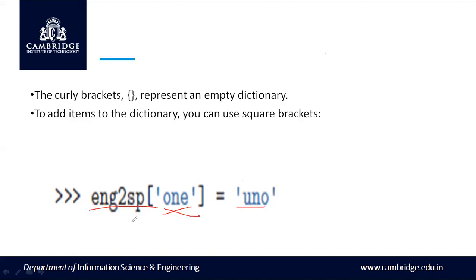This is the English and this is the Spanish meaning of this English word. So 1 in Spanish is uno. This forms a key value pair. When we print this dictionary, English to Spanish, you can see a key value pair, that is 1 uno, separated by a colon. That is how the items in the dictionary are displayed.